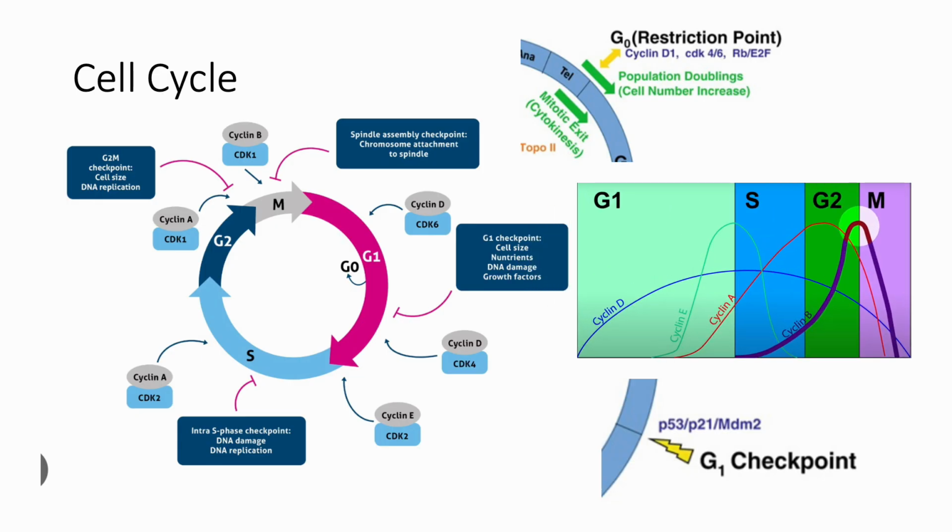In the small diagram here, we can see cell components like cyclin D, cyclin E, cyclin A, and cyclin B. For example, if a cell is in G2 phase and cyclin B starts to rise rapidly and reaches the maximum point, the cell will enter into the M phase. If all of the cyclin B is consumed by P21 and cyclin B cannot rise to the highest level, the cell will go into arrest.